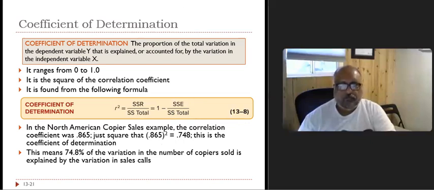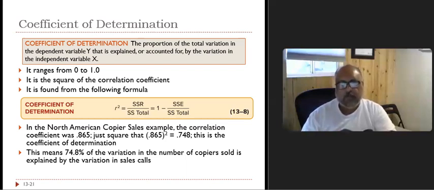Now you might be wondering, what is SSR? What is SSE? SSR stands for regression sum of squares. SSR represents the variation explained by the regression model, and it measures the difference between the predictive values we get from the regression equation and the overall mean of the actual data.